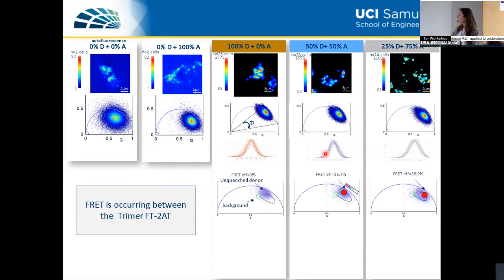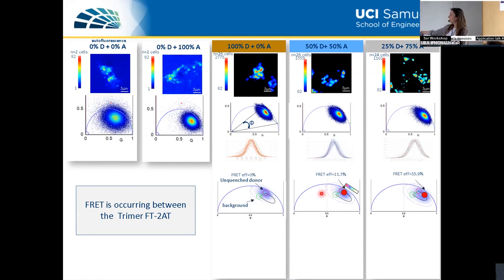Then we use the function of SimFCS to calculate the FRET efficiency. Here we can see the situation with mono-exponential decay and multi-exponential decay, and all the points are inside the universal circle. We have this quenching curve trajectory. We established the background position using the autofluorescence condition, this one. Here we have the unquenched donor, and of course we don't have FRET.